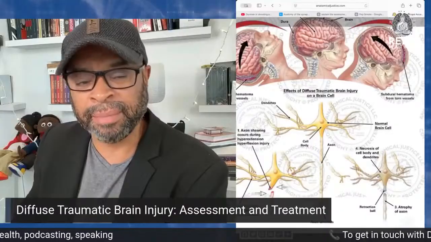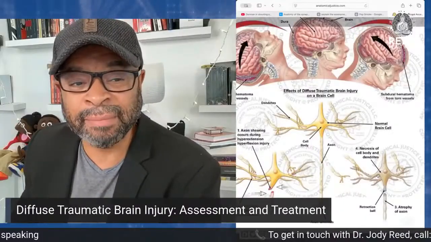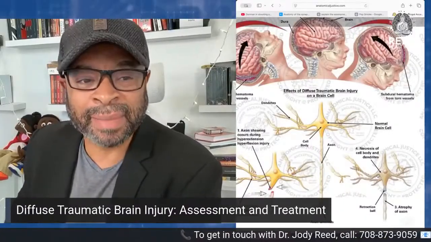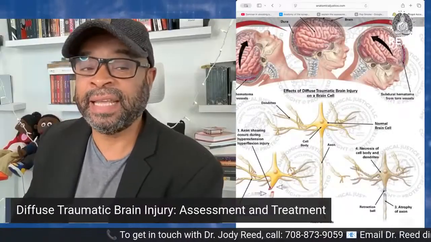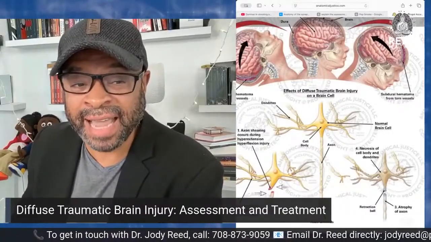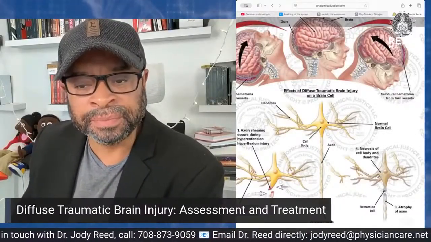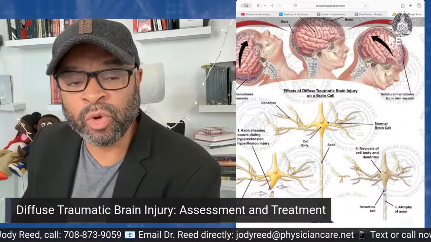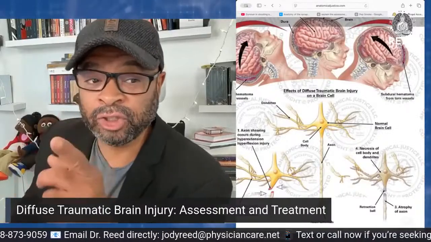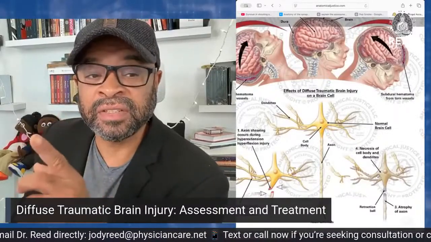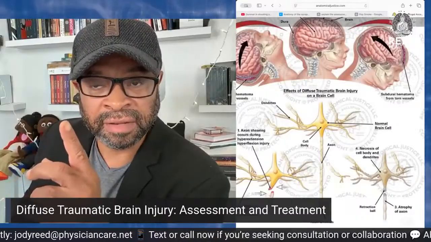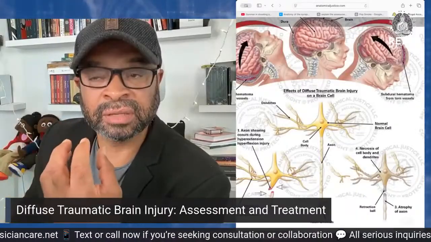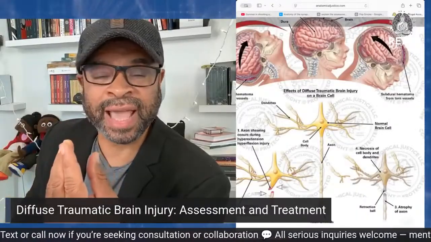The blood-brain barrier is supposed to be semi-porous. It's a semi-permeable membrane, meaning it only lets specific items through. However, after the inflammatory response to an injury such as this, it must increase the inflammation in order to get the immune system there, in order for the immune system to start to react to this event.